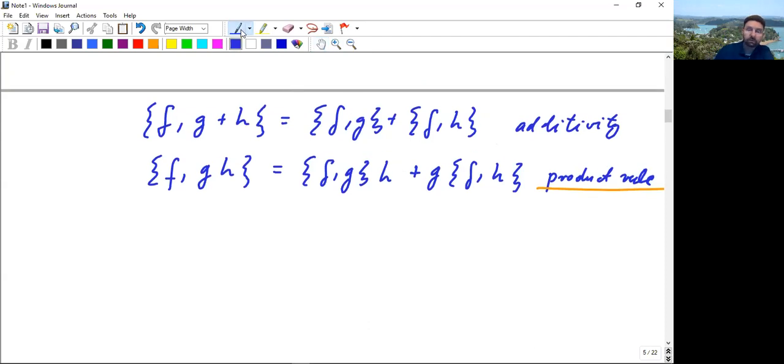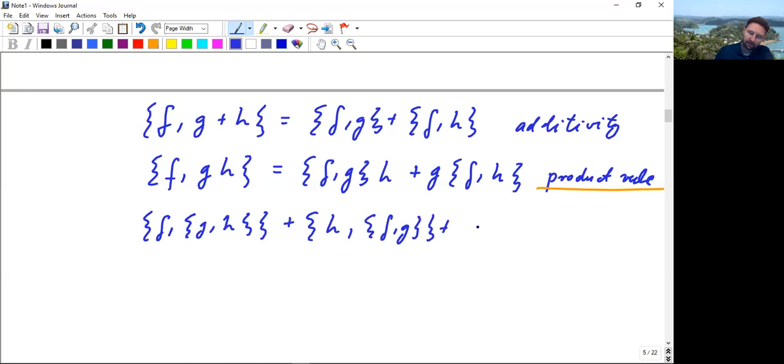Right, there's one more rule that we need to list here, and that is that f with gh plus, and then we cyclically commute this, so we have the h now, and then we have fg, plus, and then we cyclically permute so that we now have the g in front, and then we have h comma f.